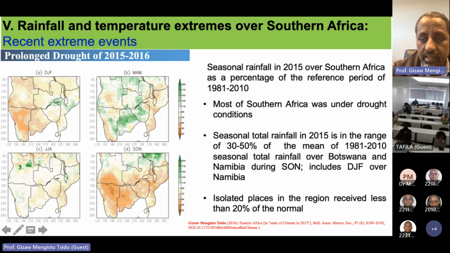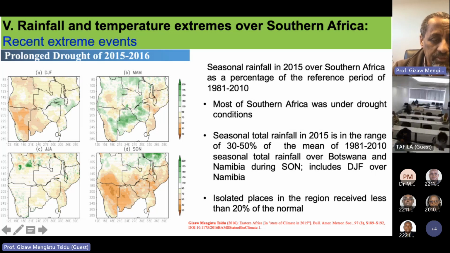You can see seasonal rainfall in 2015 over Southern Africa as a percentage of 1981 to 2010. So 1981 to 2010 was the reference period. We are comparing the 2015 seasonal rainfall with the corresponding reference period mean seasonal rainfall.